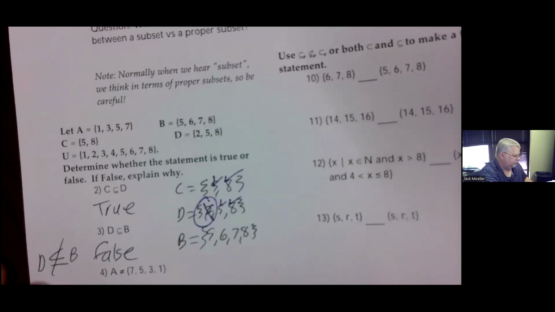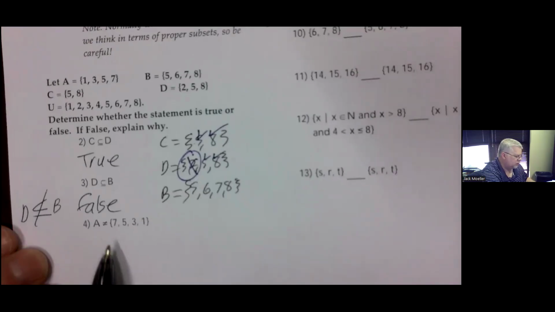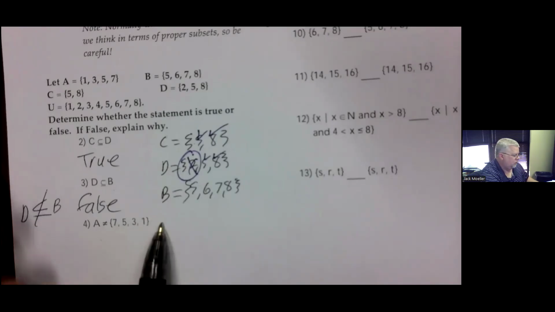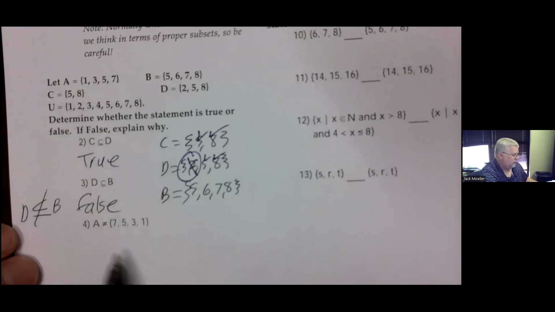All right. This isn't a subset question, but it's a notation question. So how do you read that? A is not equal to 7, 5, 3, 1. So what is A? A is 1, 3, 5, 7. So is this true or not? Well, it's false, because order doesn't matter.